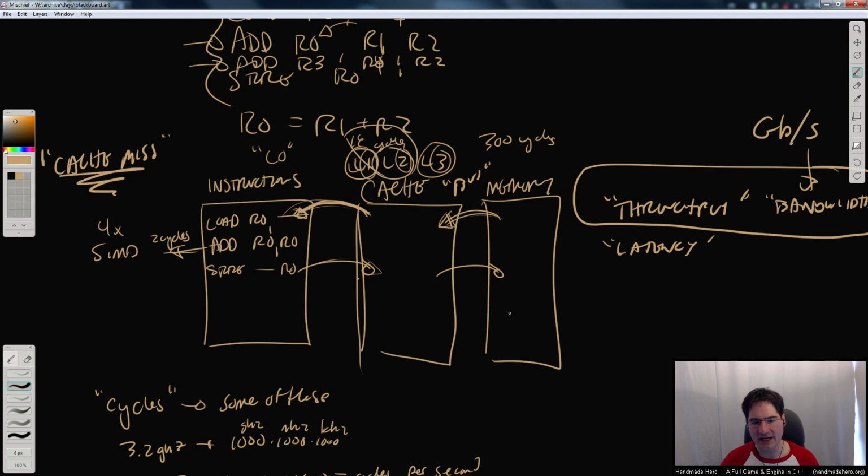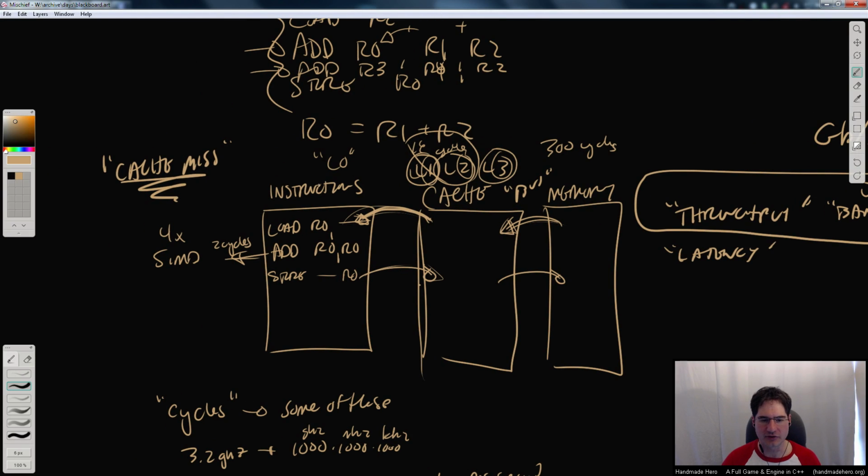And what's important to understand here is that the management of how this cache is filled is a huge part of modern optimization. There are instructions we can issue, we'll see them as we go, called prefetches.